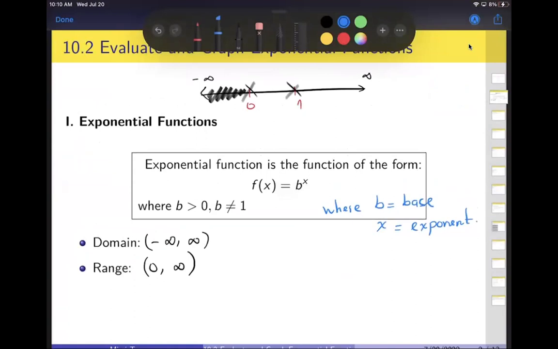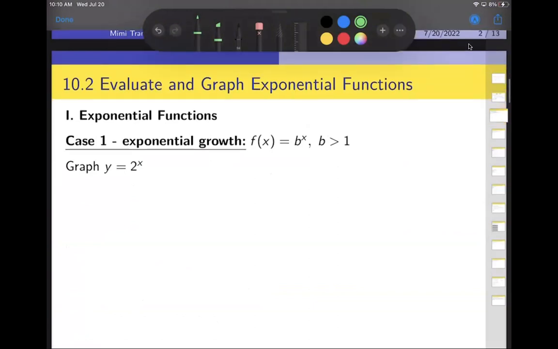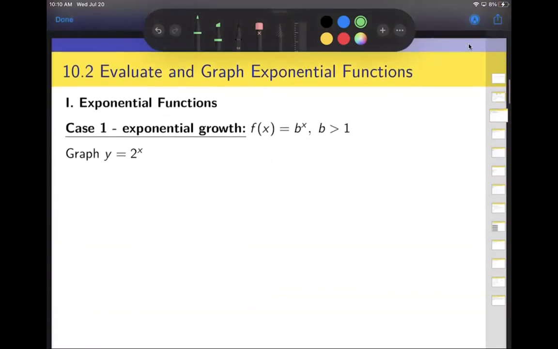But it can be either between 0 and 1 or greater than 1, right? So here's case 1, and here is case number 2. Case 1 is where b is greater than 1. So b greater than 1 would be what? 2, 3, right? 2.5, 2.6, 3.9, stuff like that. Any number greater than 1, then the graph is called exponential growth.